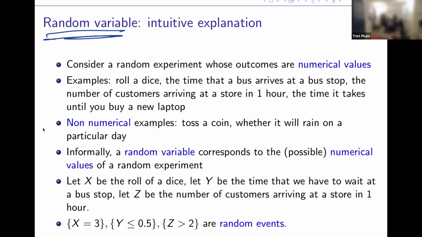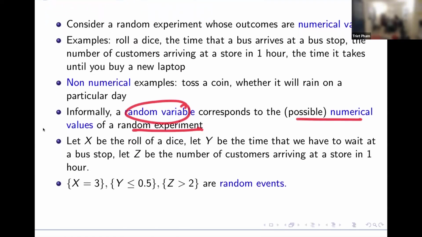You want to assign numbers to events, which turns them into random variables. Of course, when you assign numbers to events, you can even change the numbers that inherently associate with the dice, for example. A dice rolls 1 to 6, but no reason why you cannot look at it as 2 to 12, by multiplying things by 2. We'll see. But for now, a random variable is just a way to assign numbers to events.